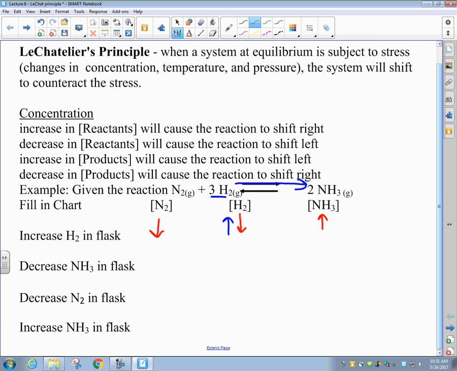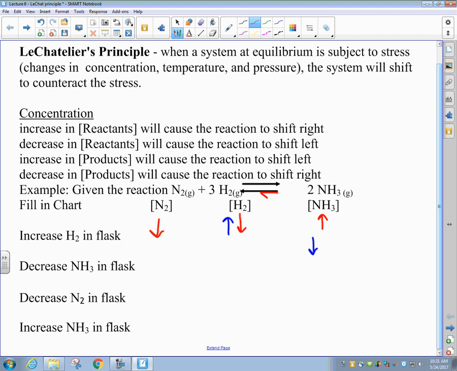All right, our next example. We decrease NH3. If we decrease NH3, that means there is a smaller concentration of NH3 in our container. Initially, our NH3 concentration will go down. Because we have less NH3, the reverse rate of reaction becomes a fraction of what it once was.